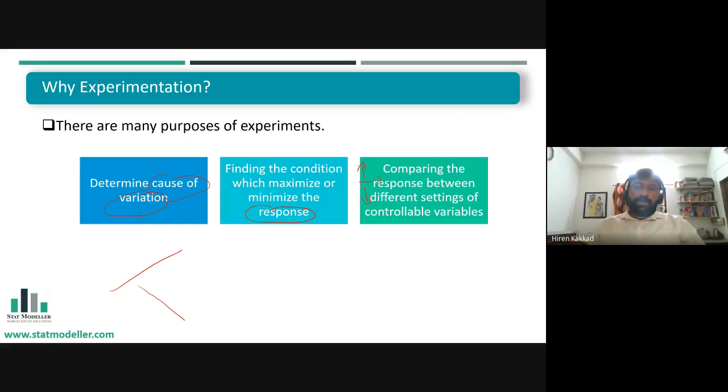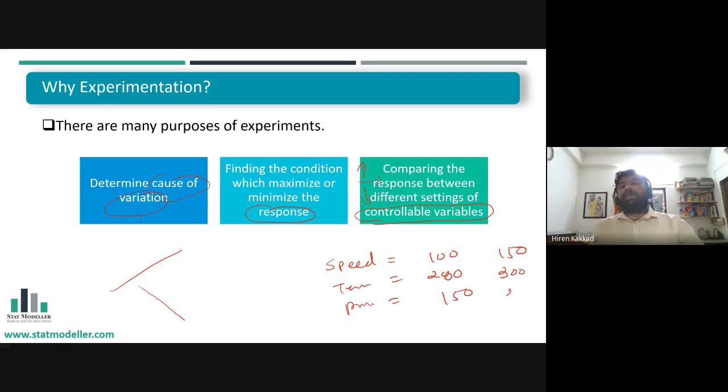Now, the third purpose of experimentation could be comparing the response between two different settings of a controllable variable. Let's say I'm keeping speed at 100, and I also have a choice of 150; temperature I have, let's say, 280 degrees, and here it is 300 degrees; and let's say pressure here is 150 and here it is 200.